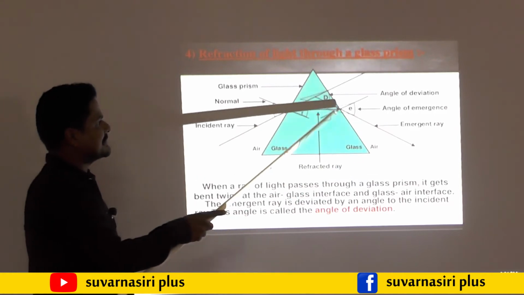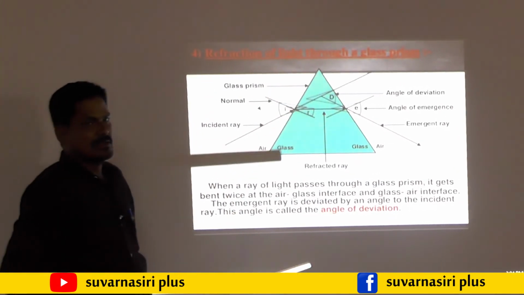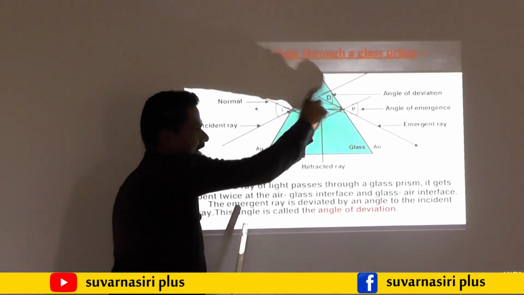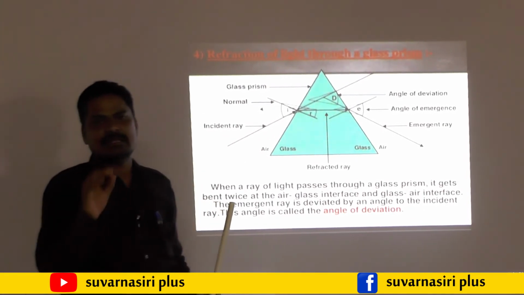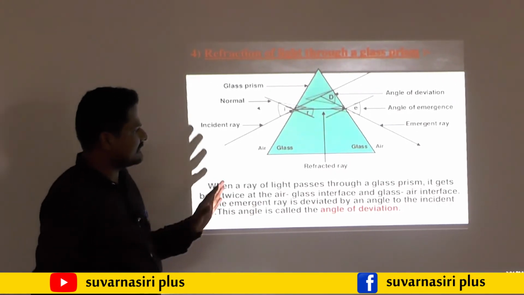In between, whatever angle is formed, that is called the angle of deviation.